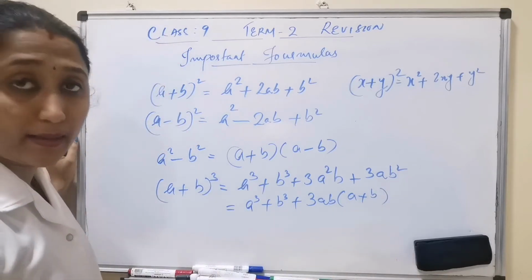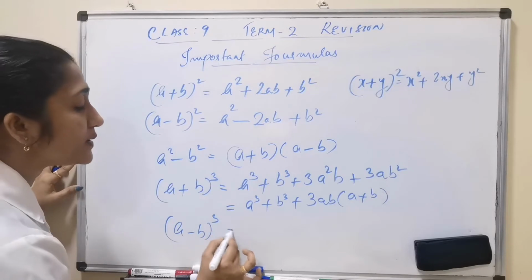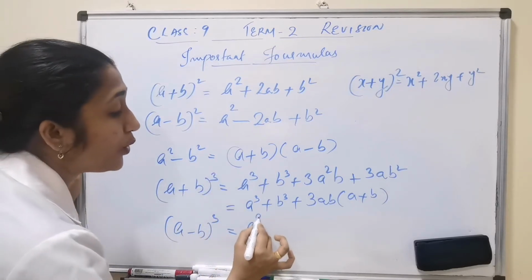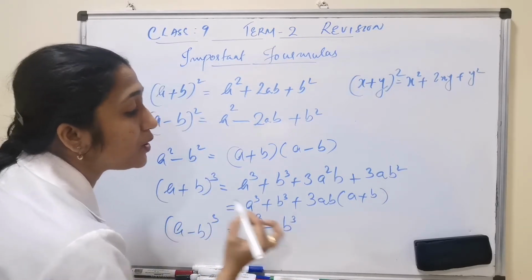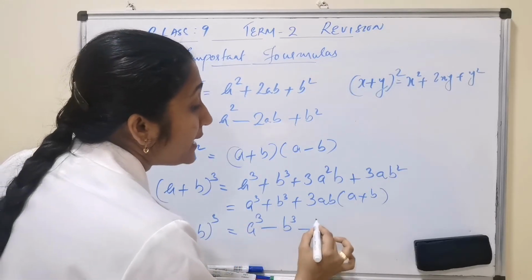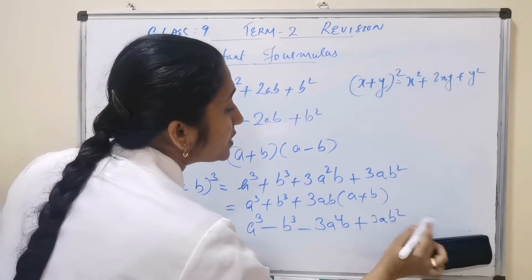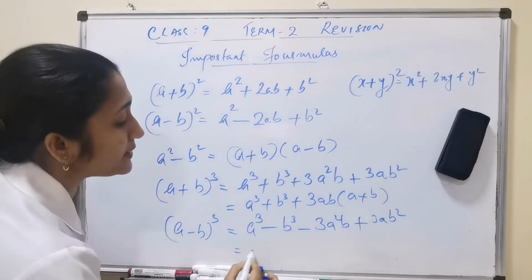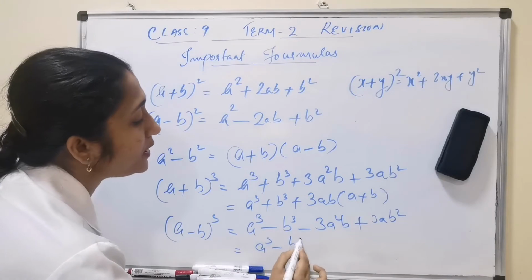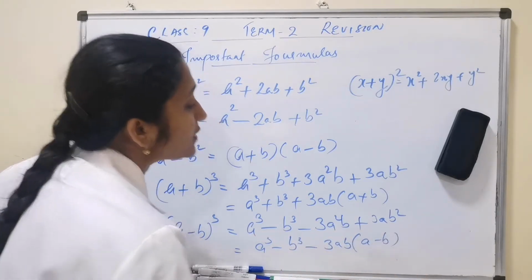This is another formula. Similarly, a minus b the whole cube is a cube minus b cube minus 3a square b plus 3ab square, which we can rewrite as a cube minus b cube minus 3ab into a minus b.